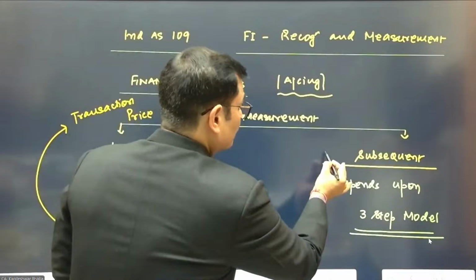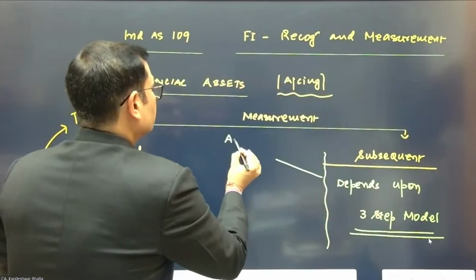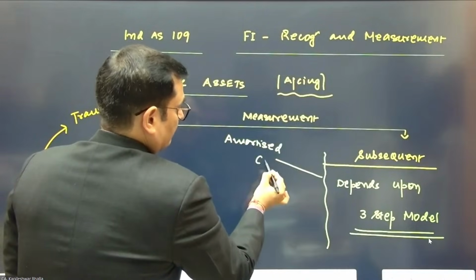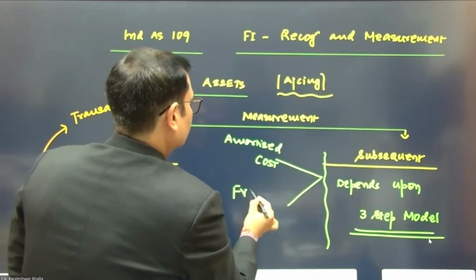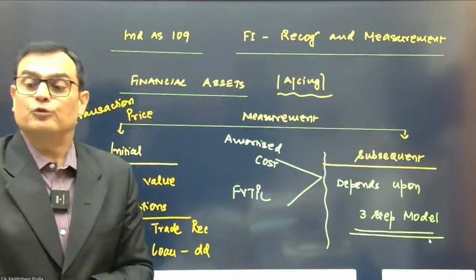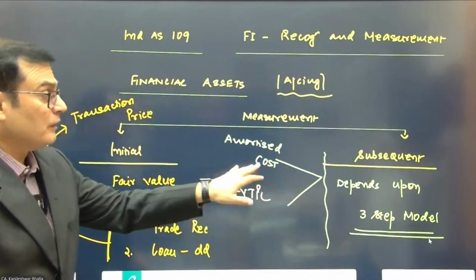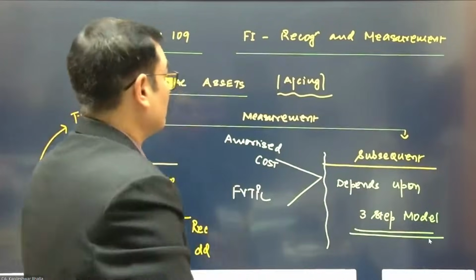After you decide the three-step model, the financial assets could be measured at something which is called amortized cost. So dependent upon the three-step model, your asset may be measured at AC. This is called amortized cost.